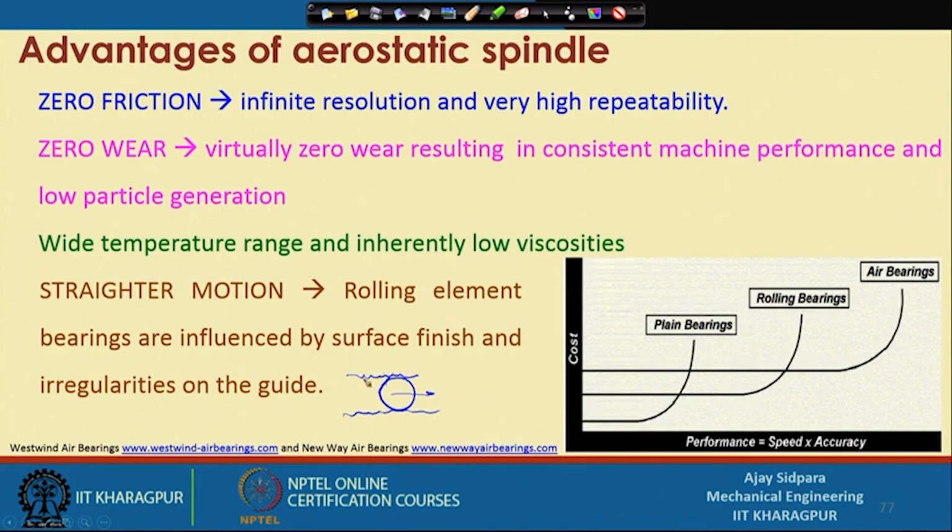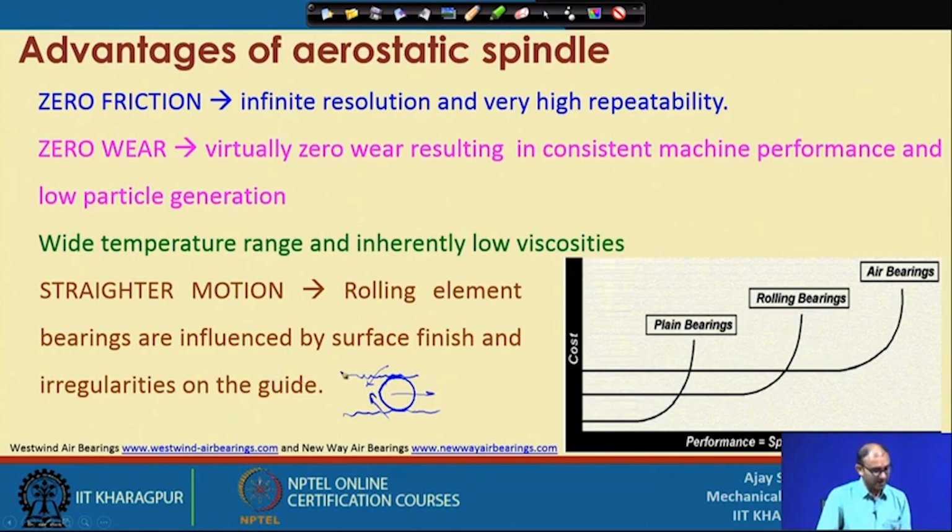But if it is very rough, this particular contact will wear this surface and this contact will start eroding because of abrasion wear, and then it will create a problem. But small irregularities on the surface will not make much difference here, because air is the thing which is actually suspending the two surfaces, not physical contact.